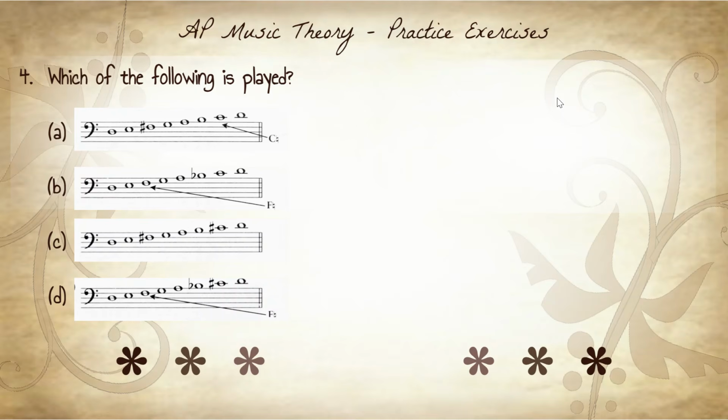Question 4. Which of the following is played? And there's a note that says there is no key signature, so recognizing notes that are natural without an accidental may imply a specific scale pattern.